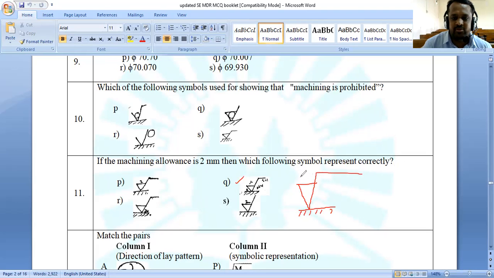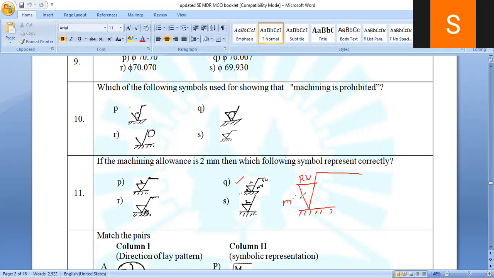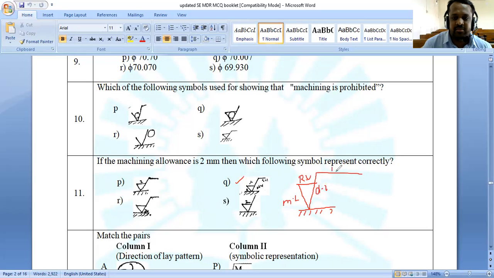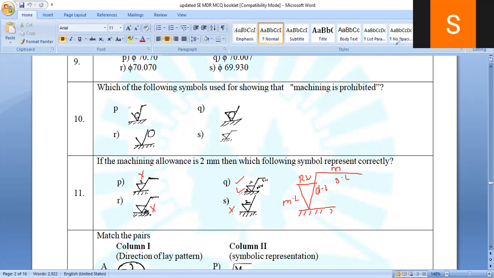Here is the surface roughness value, here the machining allowance, here the direction of lay, here the production method, and here the sampling length. So here they have shown the machining allowance. This one is wrong, again wrong, and this is correct. Okay, understood? Yes, sir.